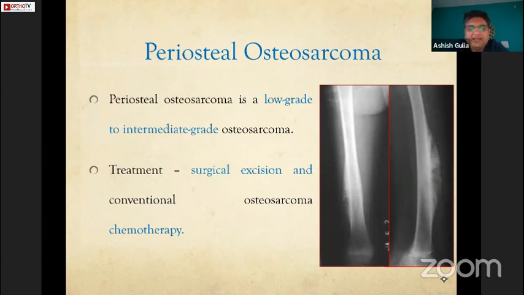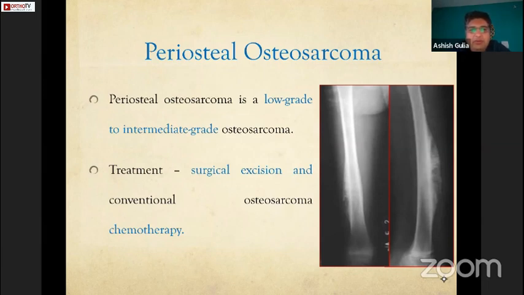One group feels that giving chemotherapy will be beneficial for these patients, but the other group feels that it doesn't add much value, has only a marginal effect on these patients, and gives a lot of toxicities. So this is again a matter of great debate in the global community, and we do not have the right answer.